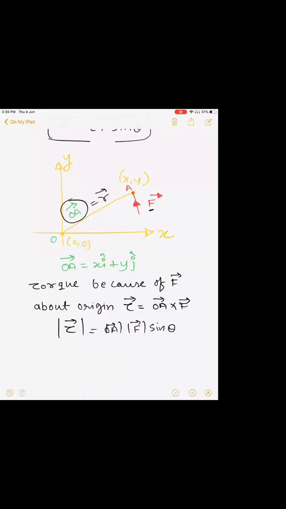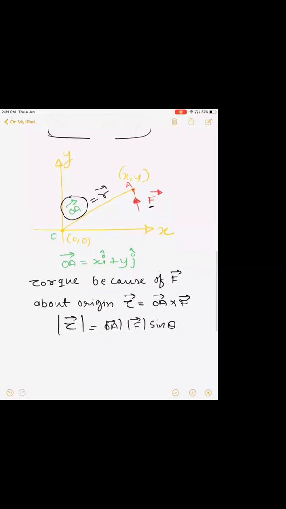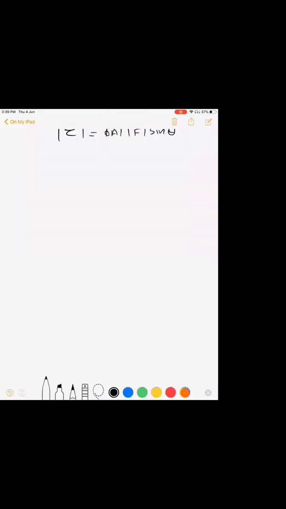Let's start with a very easy question, a very basic question. This is our first question. Suppose this is the hinge. About this point the rod is free to rotate. This is our rod.